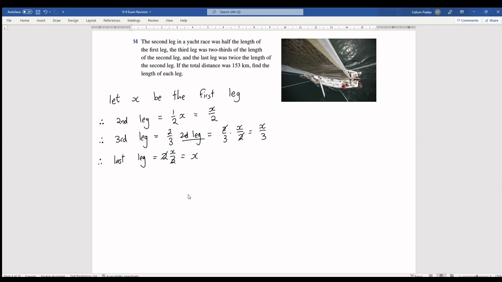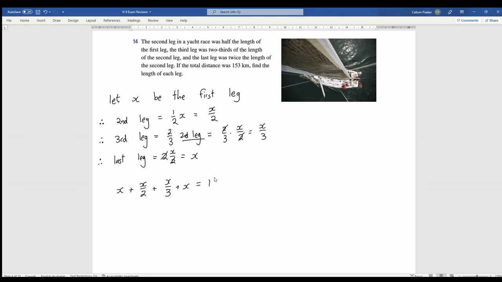All that's left now, and we're told if the total distance was 153 kilometers, find the length of each leg. So if we just add up all of these legs, that should give us 153 kilometers. So I'm going to do that. Let's say x, which is the first leg, plus x over 2, which is the second leg, plus x over 3, which is the third leg, and finally plus x, which is the fourth.